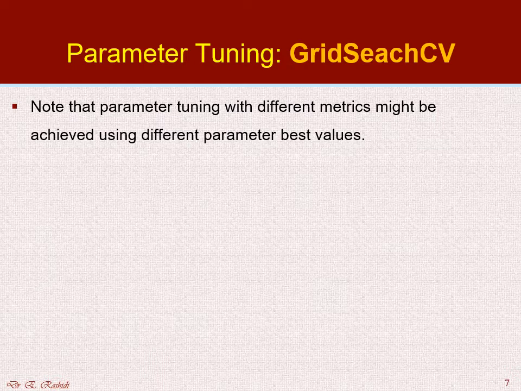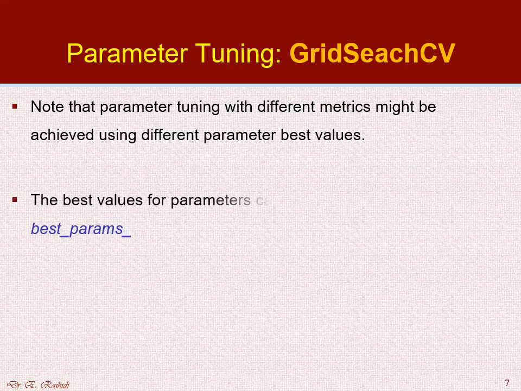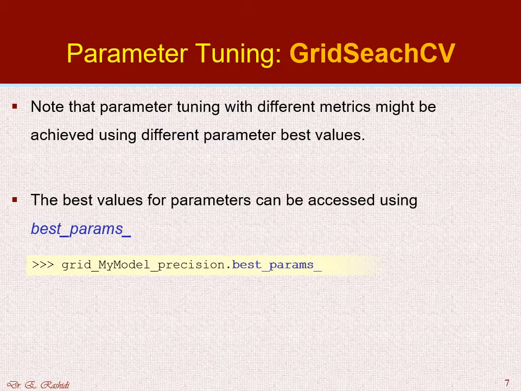Now let's see how we can actually access the best parameters after performing the grid search CV. You can do that by calling the best parameters of the grid search that you have run. Using this line of code, you can print out or access the best parameter value.